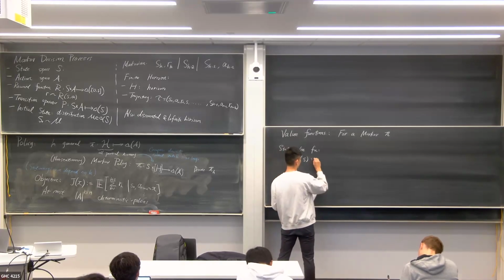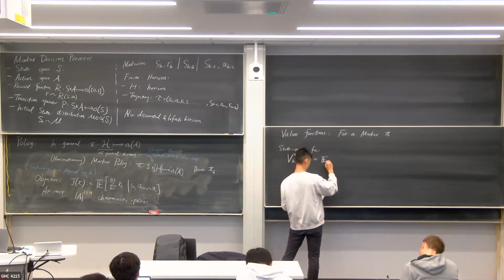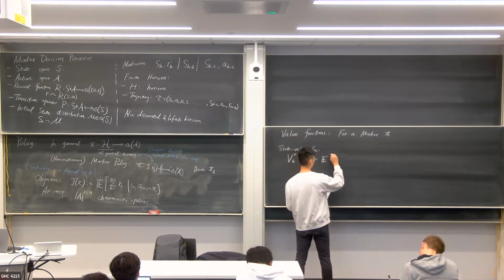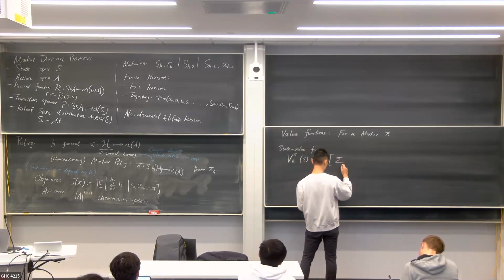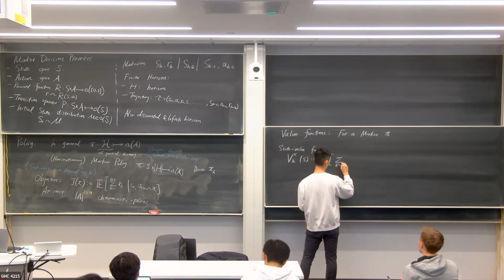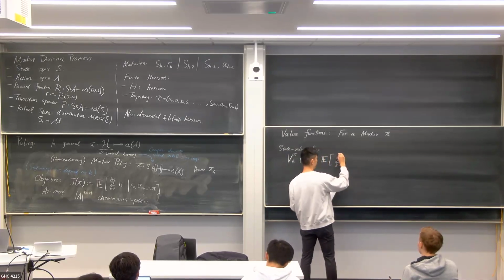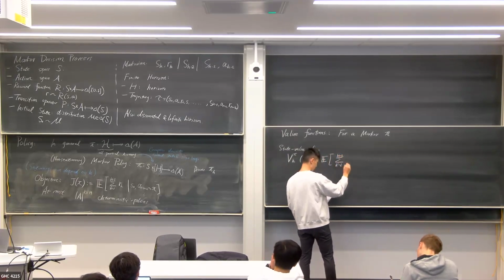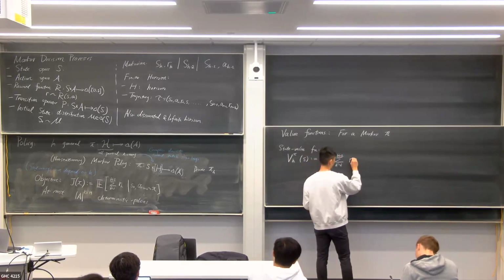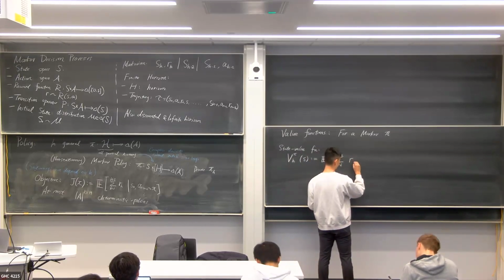Okay, and it just merely means, if I use policy pi from now on to make the decision, what is the objective value I get?